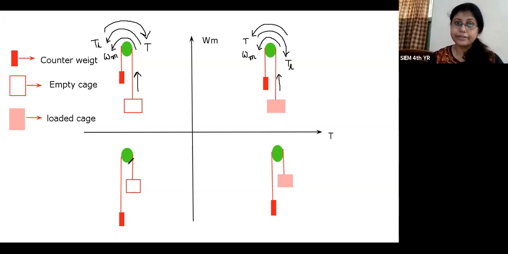Now in the third quadrant, the speed is negative. That means the drum is rotating in clockwise direction. So this is the direction of omega m.